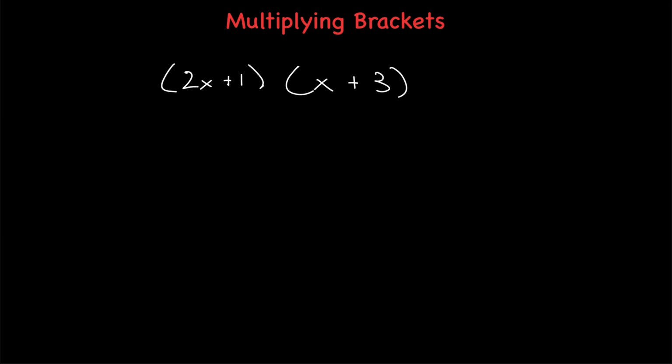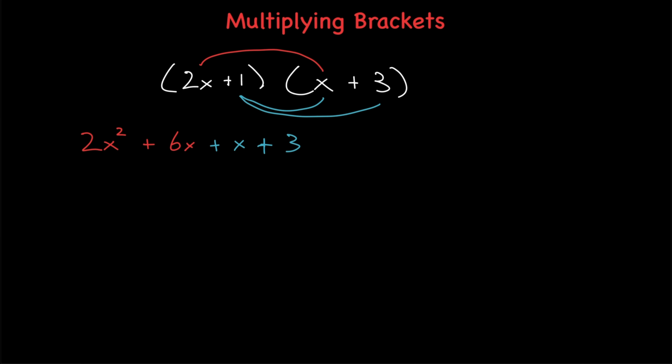So we do 2x times x, which is 2x squared. And then 2x times positive 3 leaves us with plus 6x. Then 1 times x is positive x, so we can leave plus x. And then 1 times 3 is just 3.